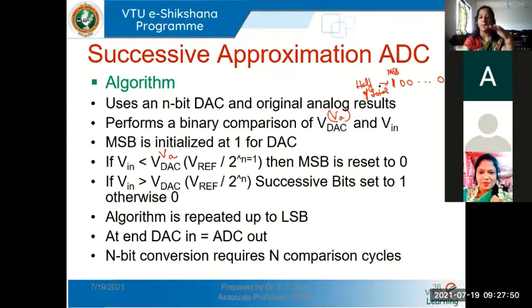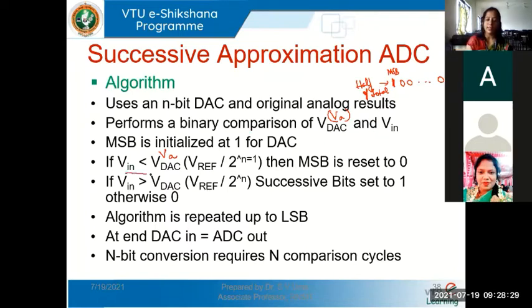You divide the complete set of data into 2 halves and you search whether it will be in the upper half or lower half, and then you start searching individually in each of the halves. This is something like that. We first bring the output to half of the total value and we'll try to see whether the given input analog is above half of the analog value generated by the DAC or below that.